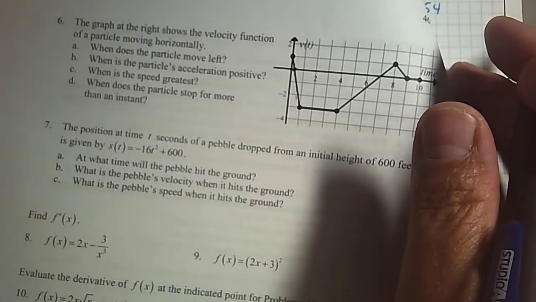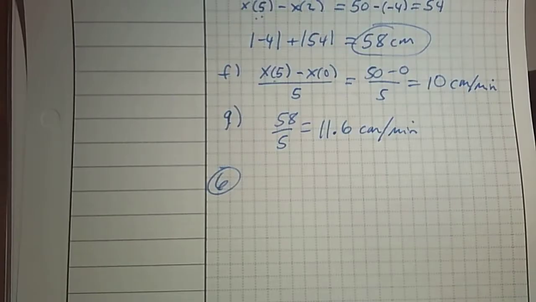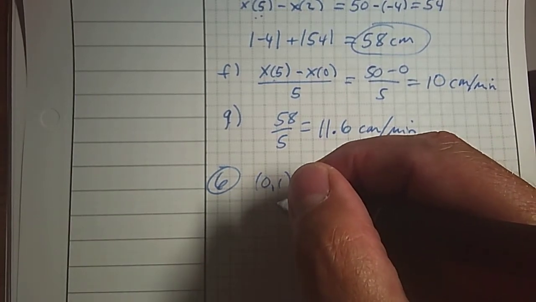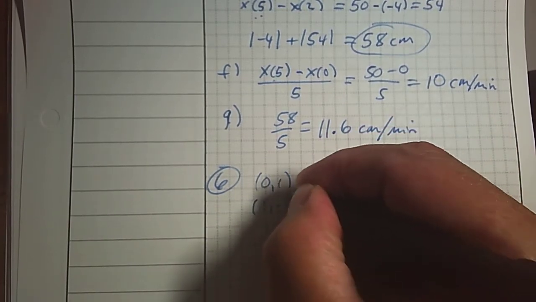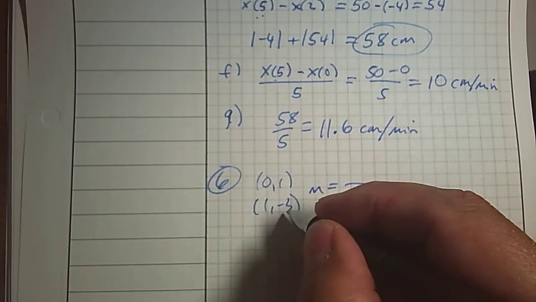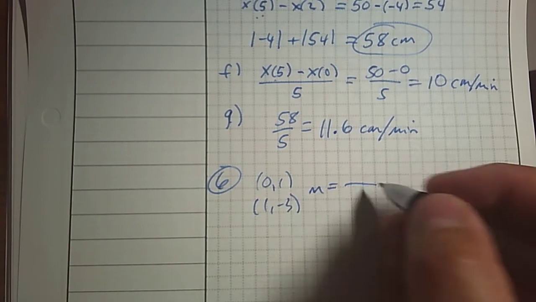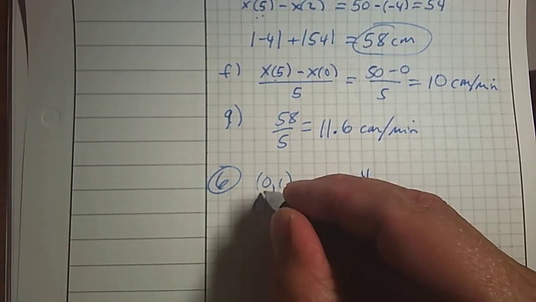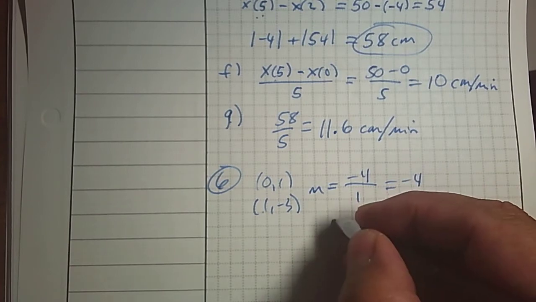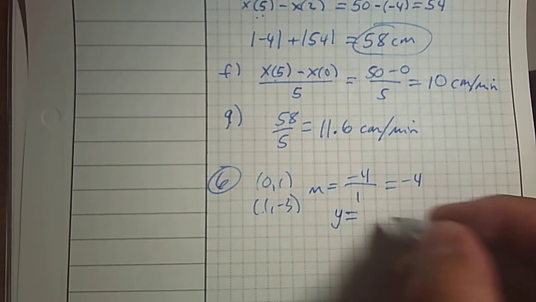So one point is at 0, 1. The other point is at 1 and negative 3. So if I did the slope, that's the change in y over the change in x. So negative 3 subtract 1, over 1 subtract 0. So the slope is negative 4. So the equation, if we wanted in mx plus b form, would be negative 4x plus 1.